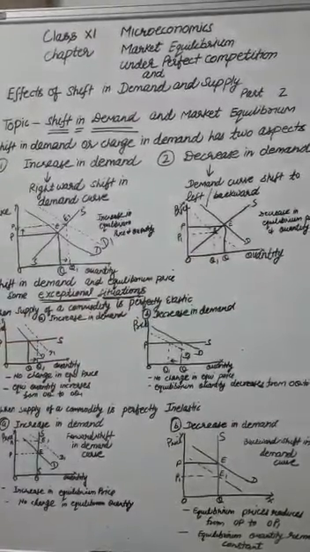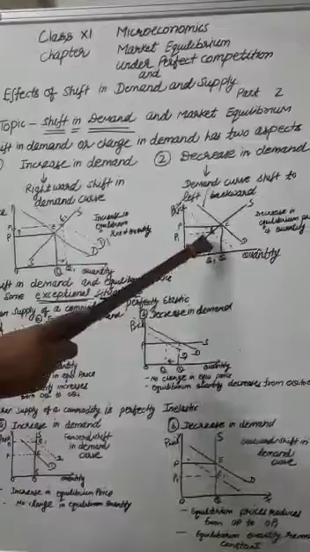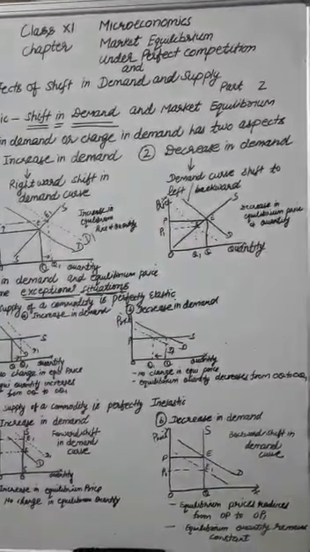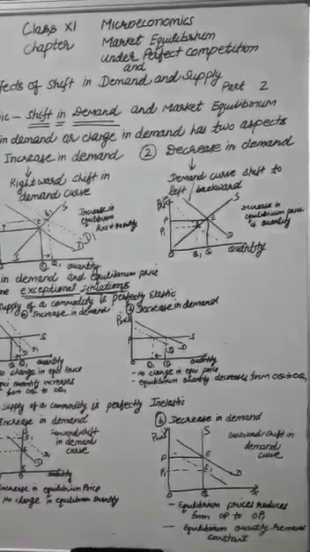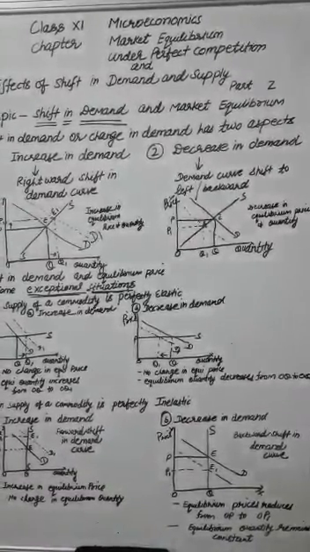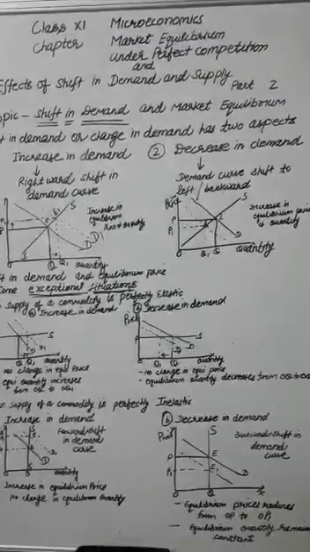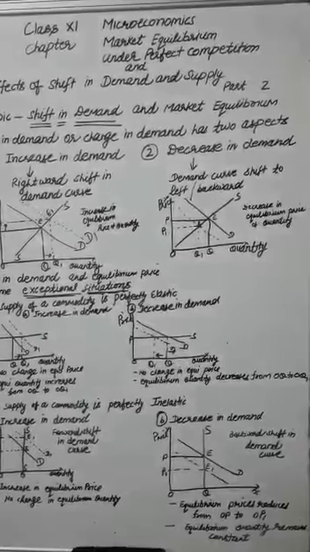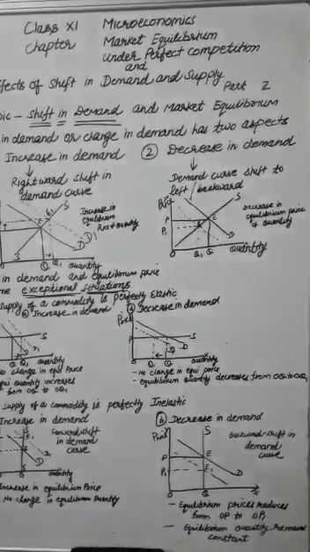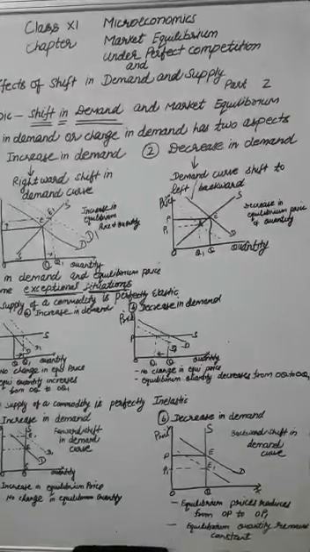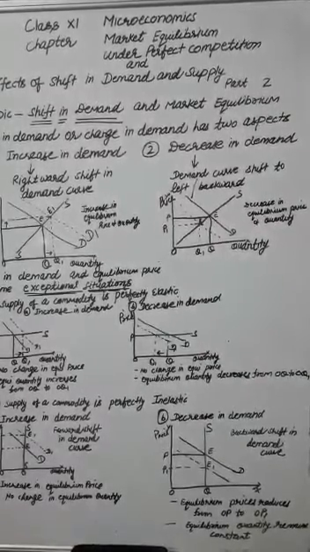This new demand curve cuts the supply curve at point E1. New equilibrium is E1. Equilibrium price is OP1 and equilibrium quantity is OQ1. So it is clear, when there is a backward shift in demand, then equilibrium price decreases from OP to OP1 and equilibrium quantity also decreases from OQ to OQ1.